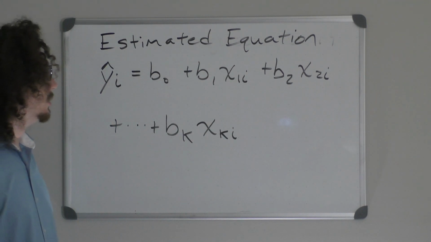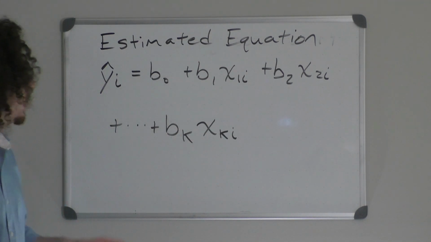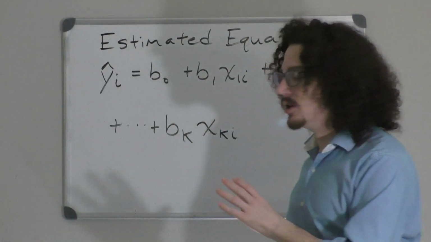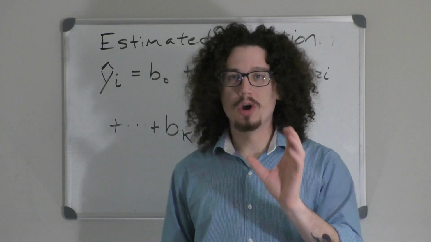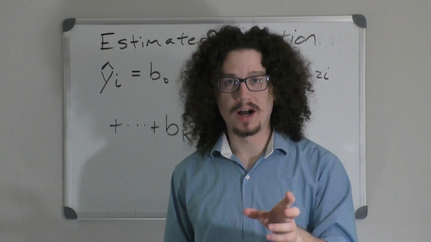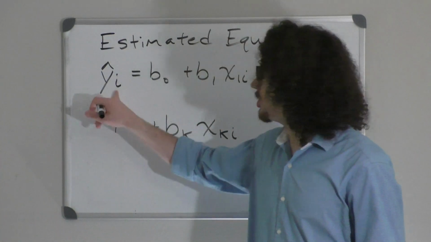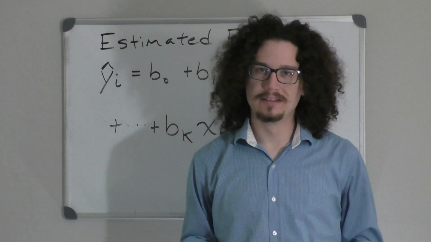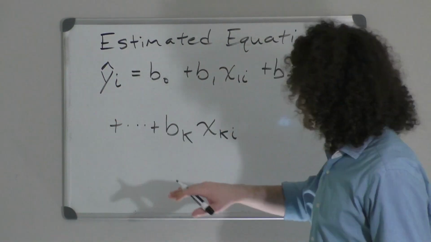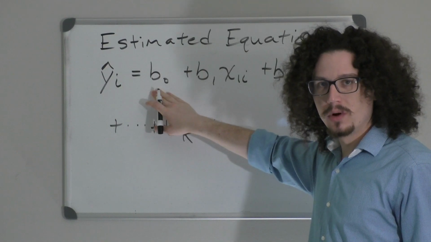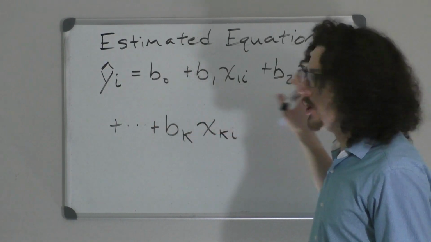Again, this hopefully does not look too unfamiliar, right? yi hat, when we get to our estimated equation, we are no longer getting the actual observed value for y, for our dependent variable. We're now looking at a predicted value. So yi hat is that predicted value for y. b naught is our y-intercept for the sample data, and so on.